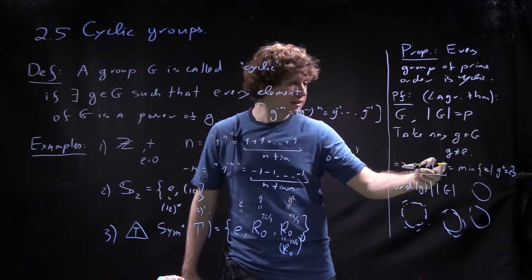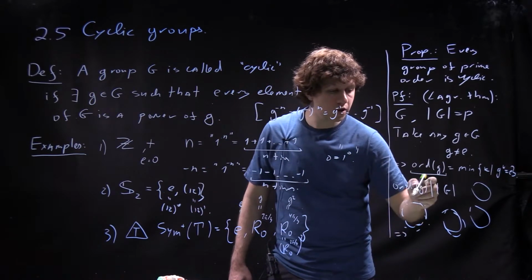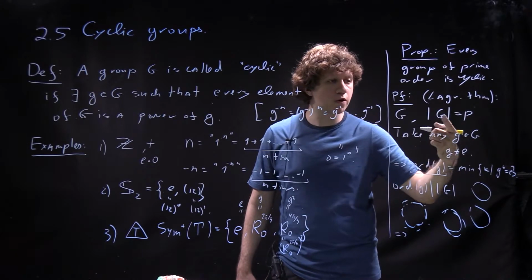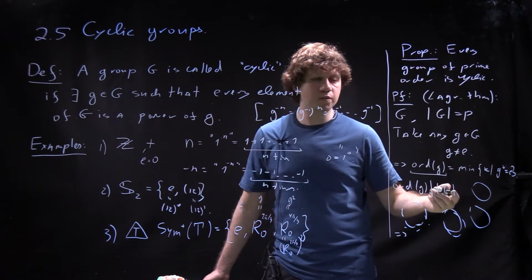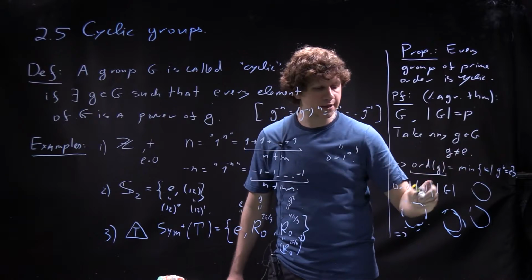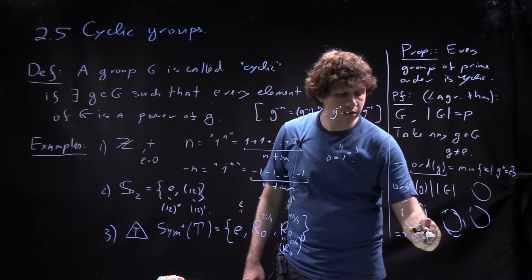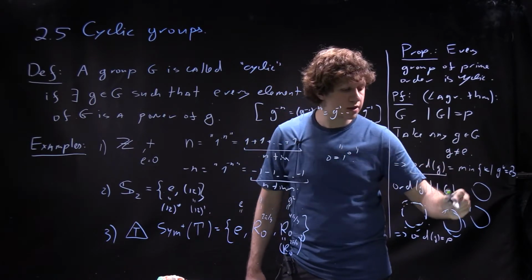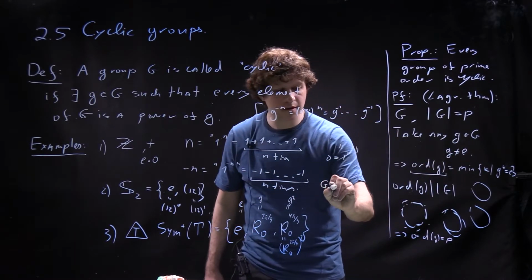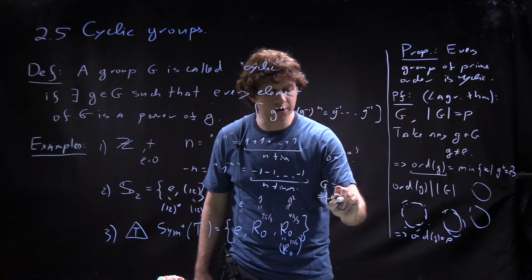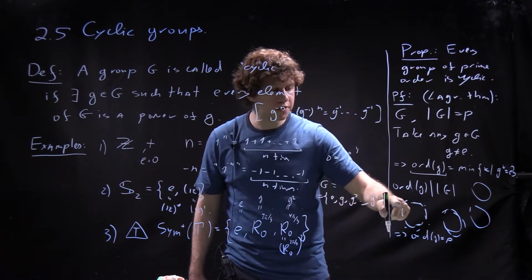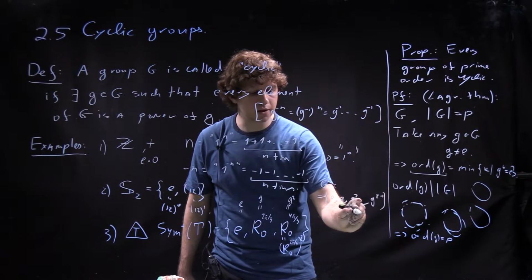But this means that since this is a prime number, order of g is either 1 or p, and it cannot be equal to 1 because then g is just identity. So order of g is equal to p, but then G just consists of elements identity, g, g squared up to g to the p minus 1, and so basically just one cycle in this picture.